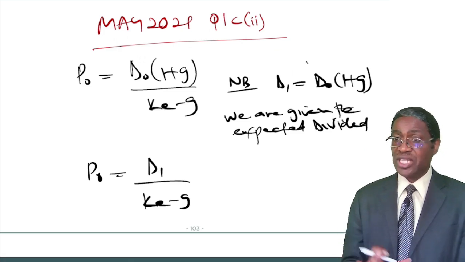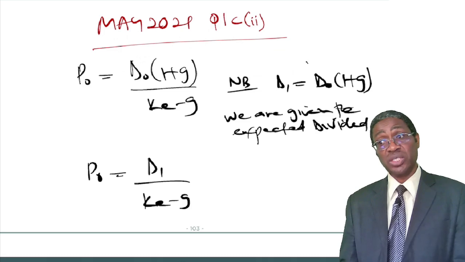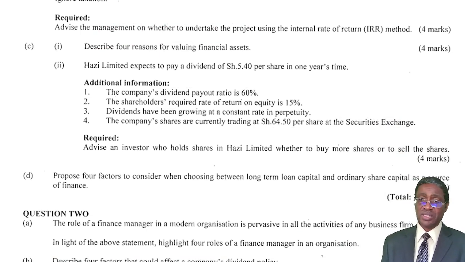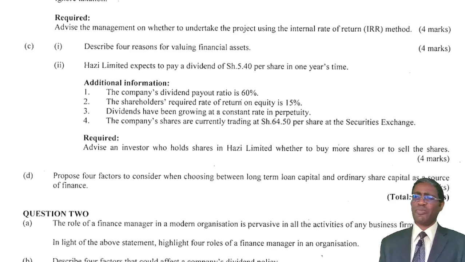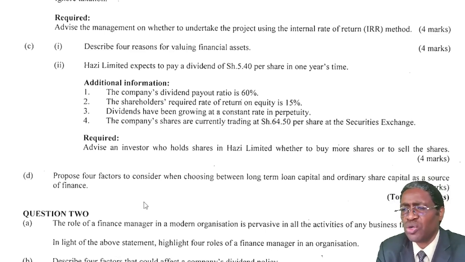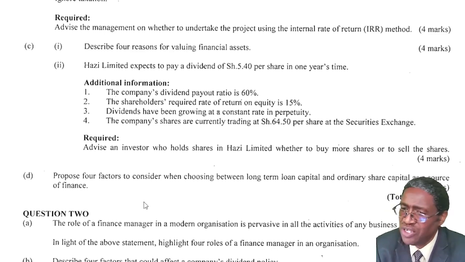Now we can calculate. The only thing we don't know from here is g. Go back to the question. We don't know g. They have not given it to us. They are saying it is just growing at a constant growth rate into perpetuity. So look at this question and ask yourself: now that I don't know the growth rate, which of the two methods of computing the growth rate can I use?